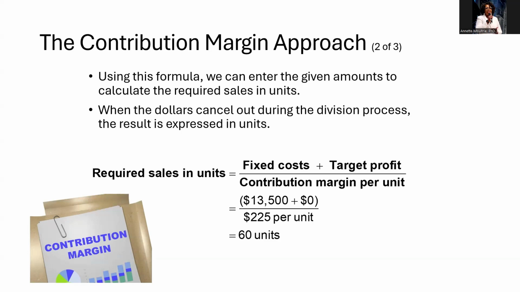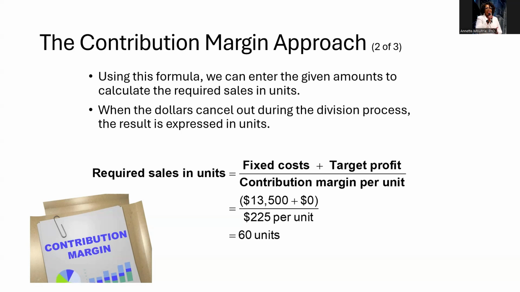Now, using the rewritten formula, we can enter the given amounts to calculate the required sales in units. When the dollars cancel out during the division process, the result is expressed in units. Here you see the required sales in units equal fixed cost plus target profit divided by contribution margin per unit.